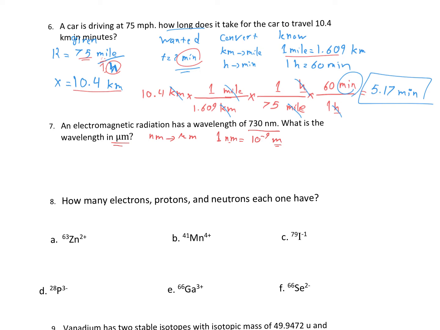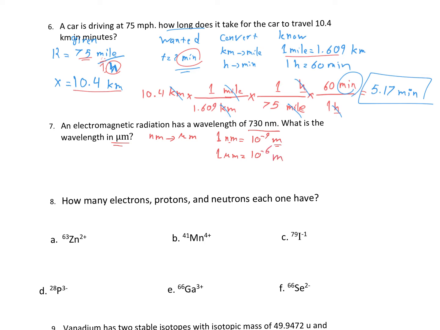Do not mix it up with 10 to negative 9 nanometer is 1 meter. Also, I know that 1 micrometer is 10 to negative 6 meter.